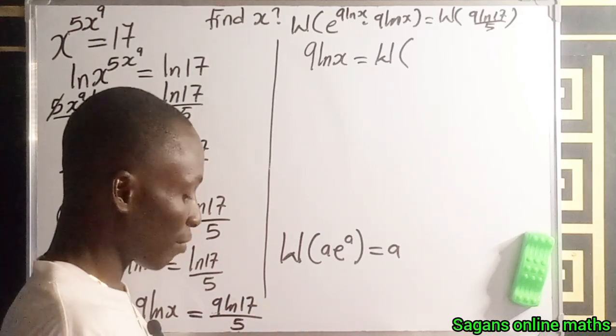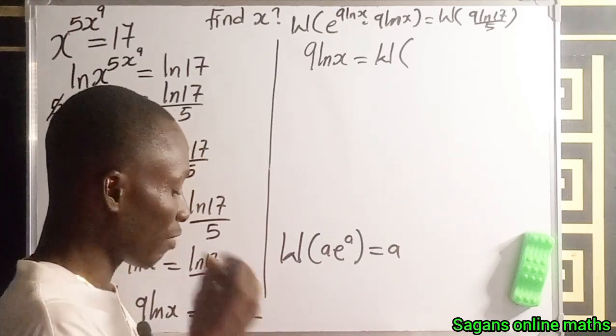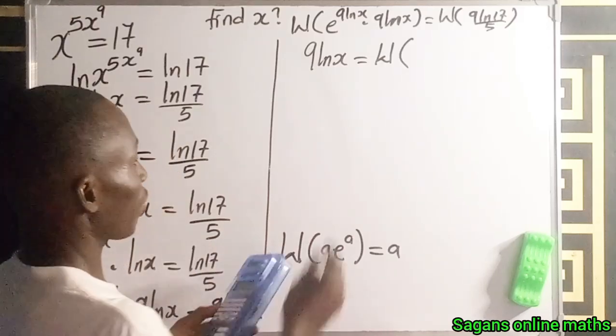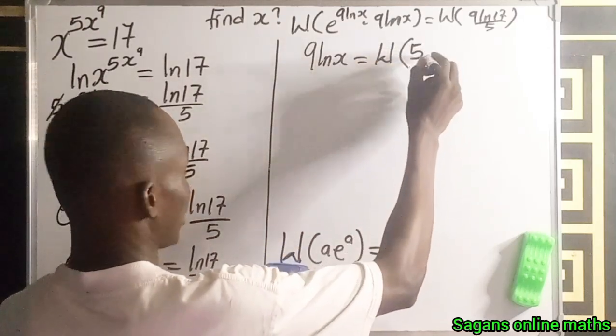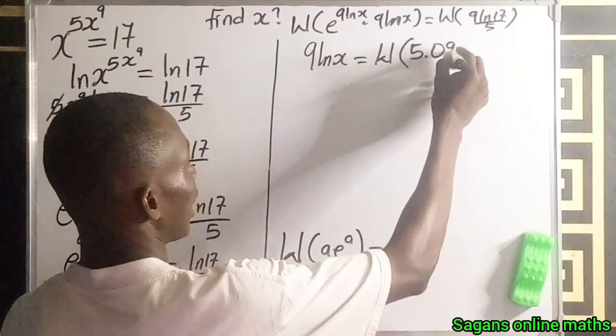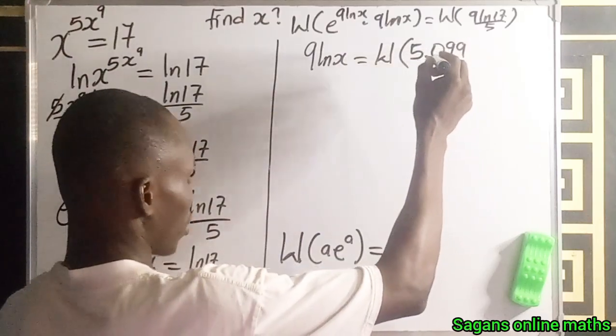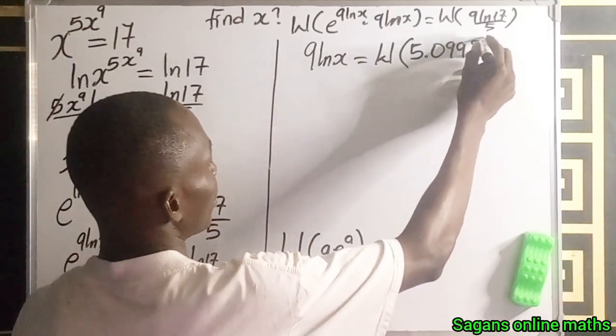So let's divide that answer by 5. We have 5.0998 at 4 decimal places, right?